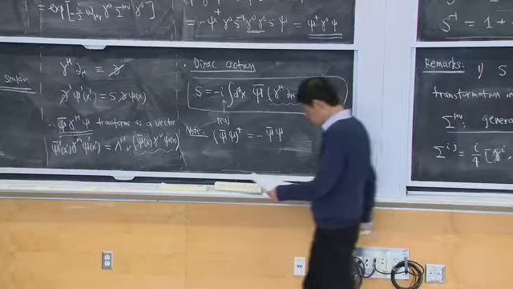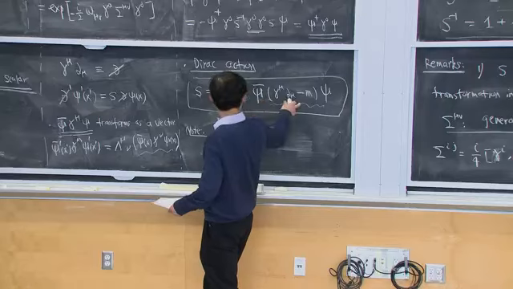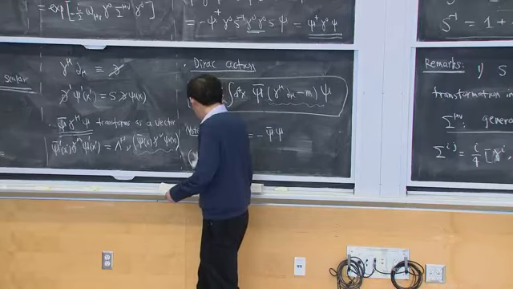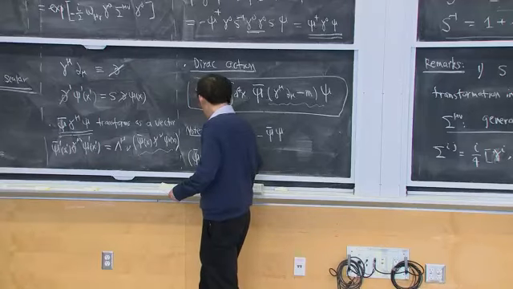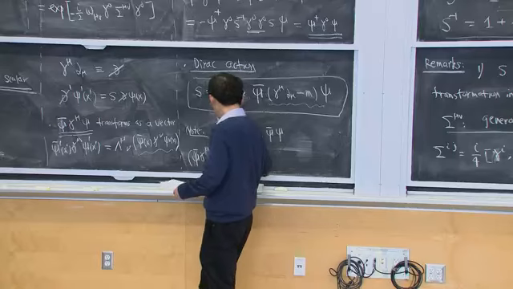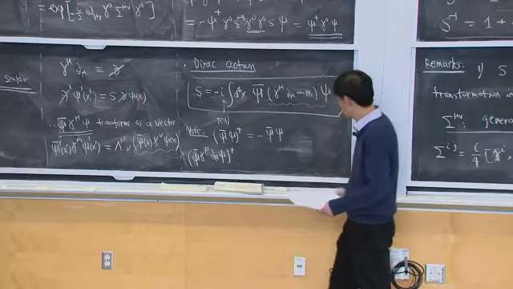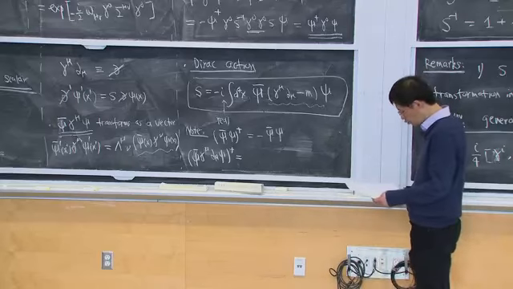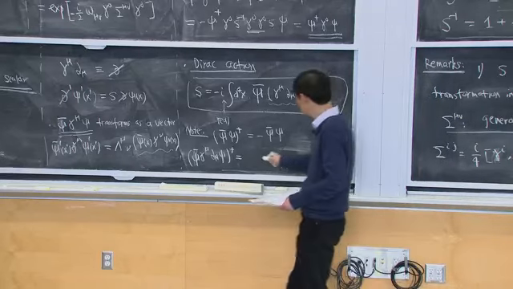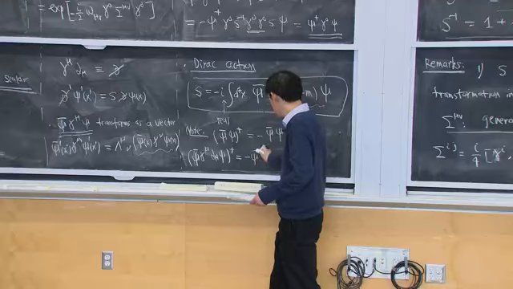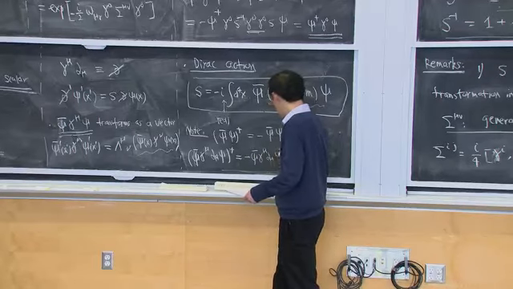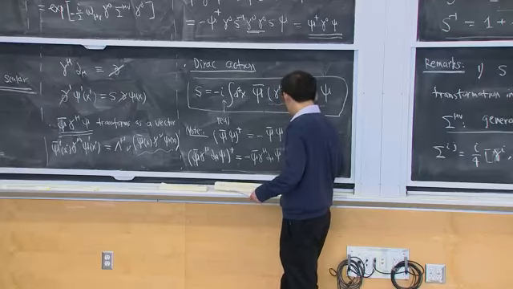Similarly, you can check the other term, psi bar gamma mu partial mu psi. If you take the dagger, this one is slightly more complicated, but you can still work it through. You find it's equal to the negative of itself, plus total derivatives.